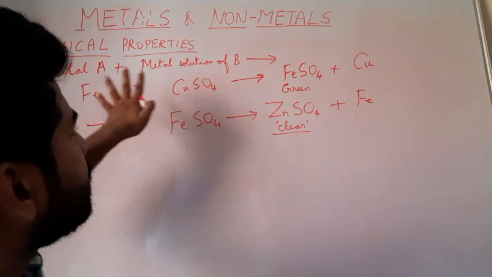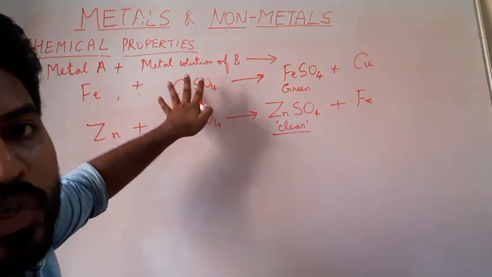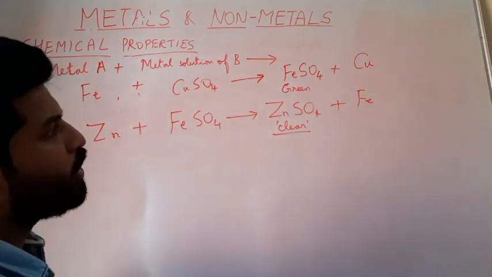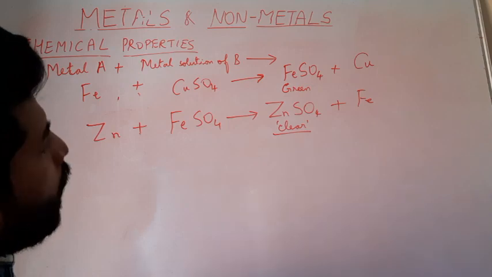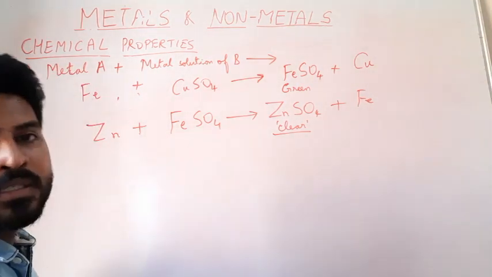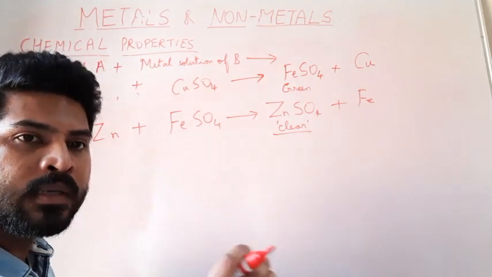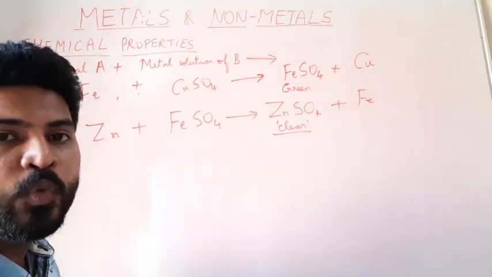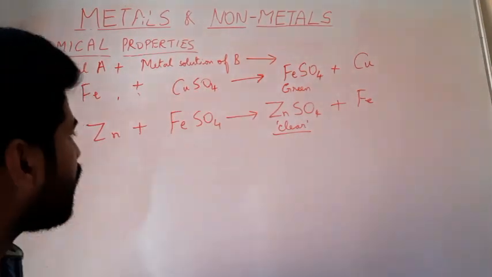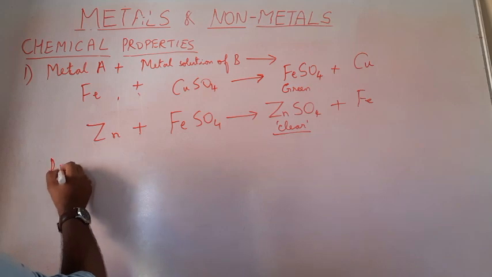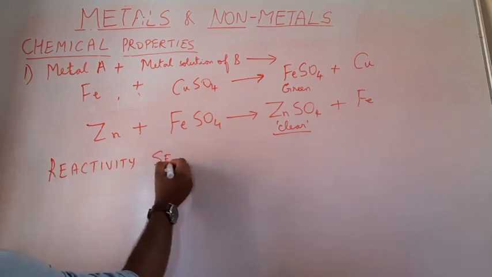So by these displacement reactions of metals with metal solutions, we can find out the reactivities of different metals. So using all these reactions that we have studied till now, reaction of metals with oxygen, with water, with acid and with metal solutions, we can form what is called the reactivity series.